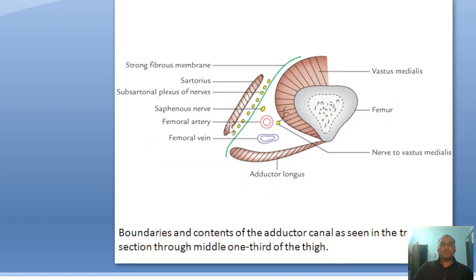So this is the sartorius muscle, this is the strong fibrous membrane, the roof of the adductor canal. This triangular canal is called the subsartorial canal or Hunter's canal. These are the boundaries of Hunter's canal.